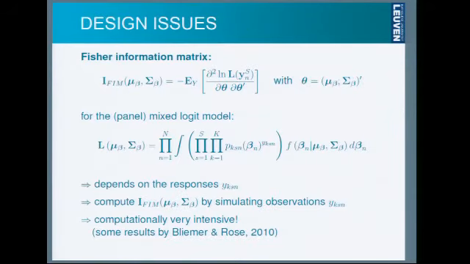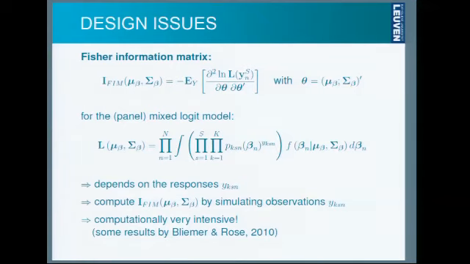But then if you look at the design problem, what choice sets should I show now to the people to get precise information about the mu beta and the sigma beta? Remember, the information matrix is minus the expectation over second derivatives of the log likelihood. This is now the log likelihood.